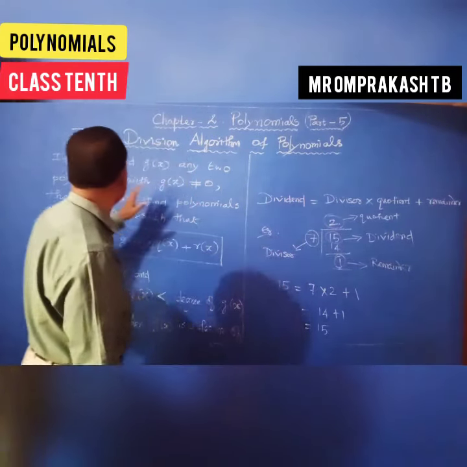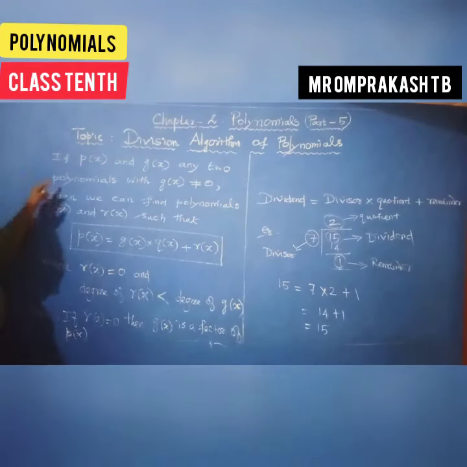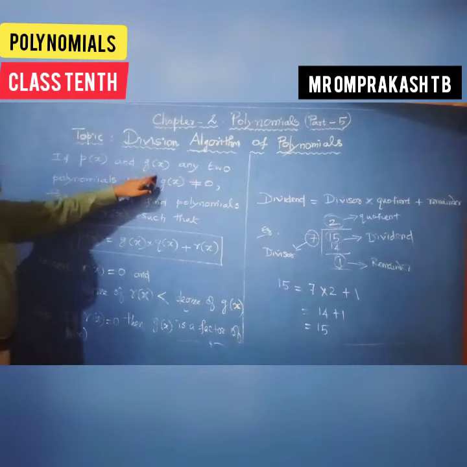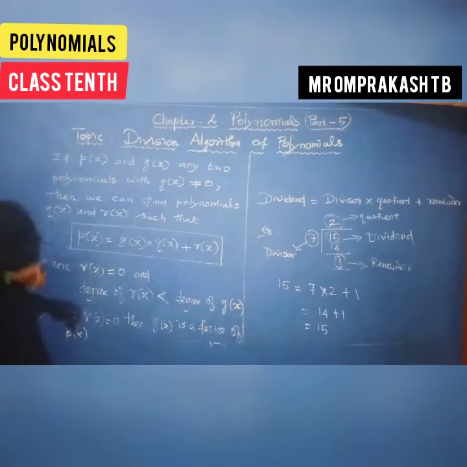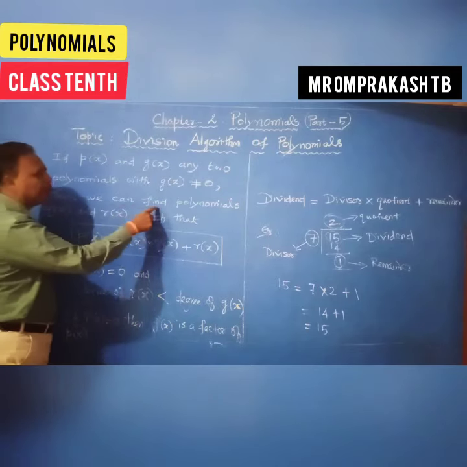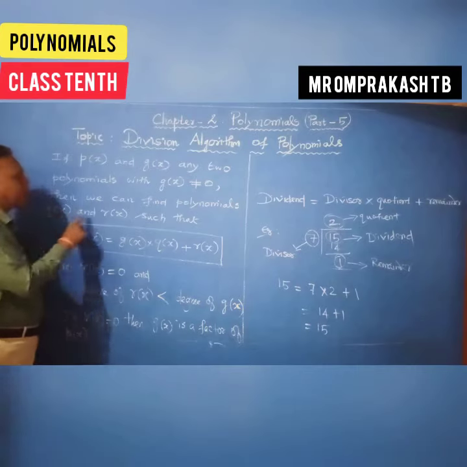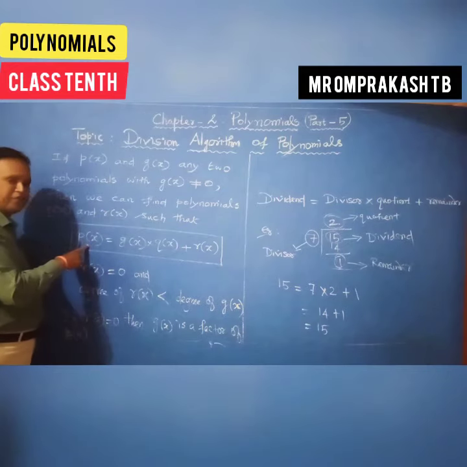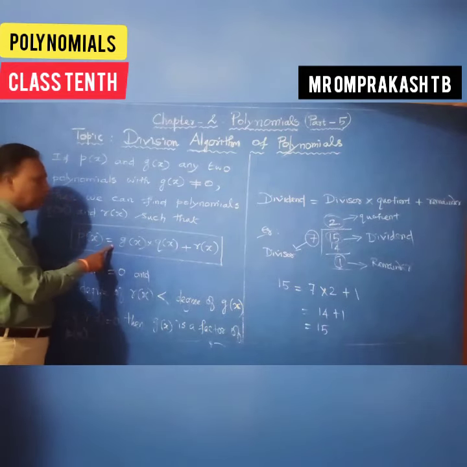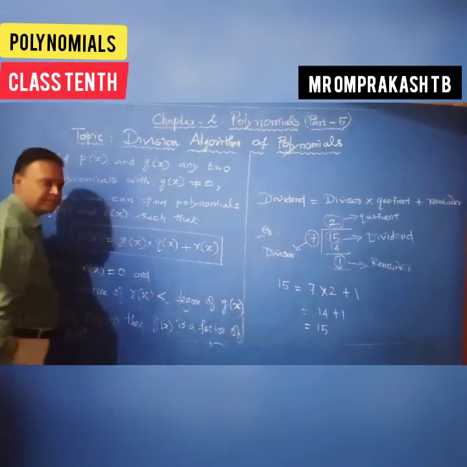Same way, the division algorithm of polynomials. If p of x and g of x are any two polynomials with g of x not equal to 0, then we can find polynomials q of x, that is quotient, and r of x, that is remainder, such that the dividend p of x is equal to divisor into quotient plus remainder.